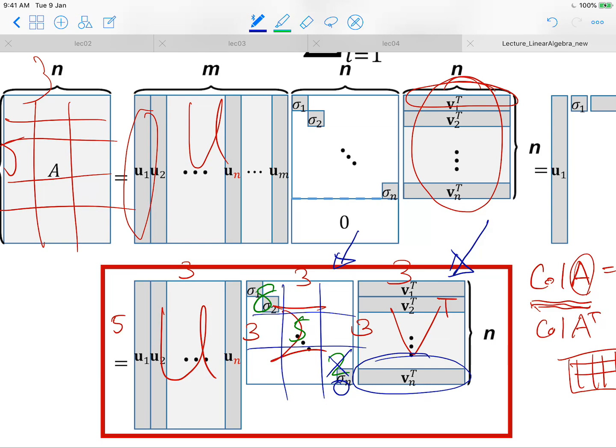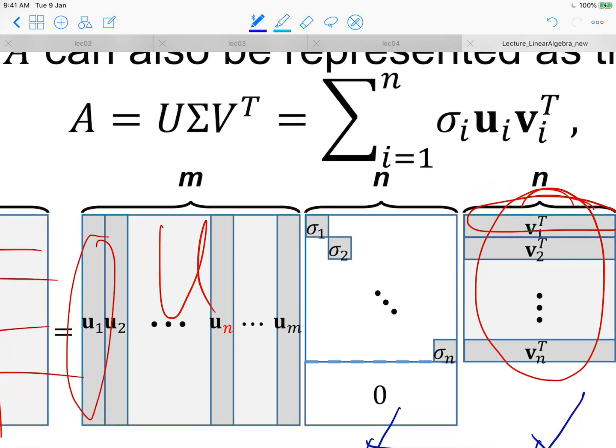And then in this full form, the remaining 50 basis vectors will be the orthonormal basis for the null space of A transpose.